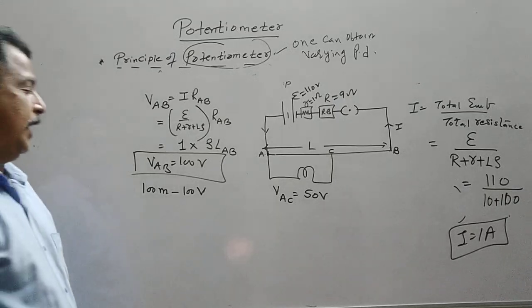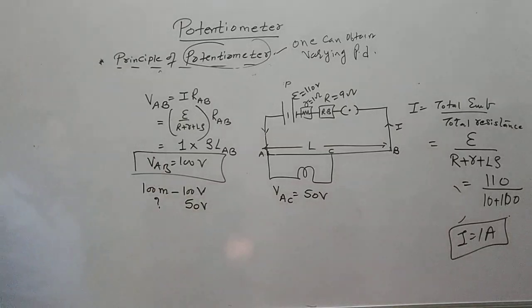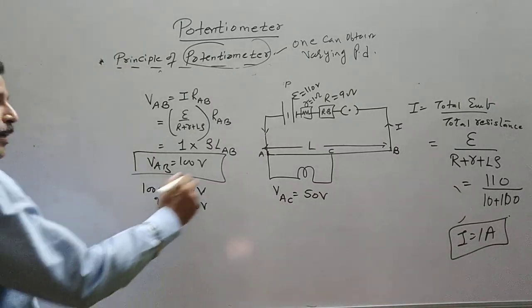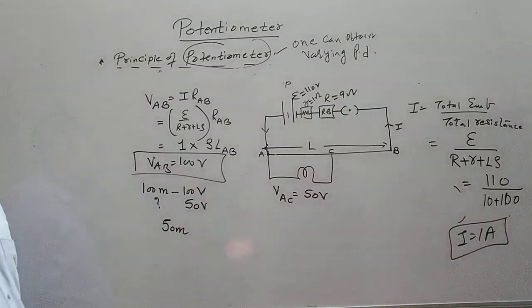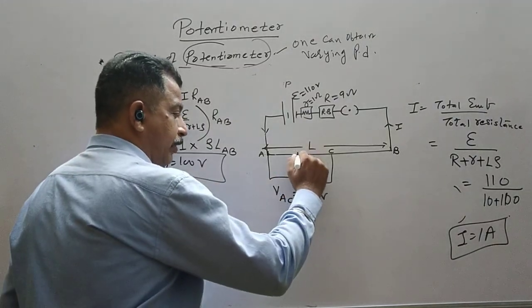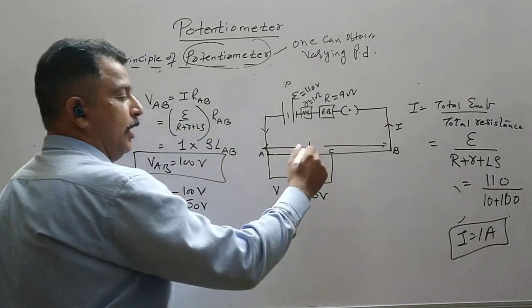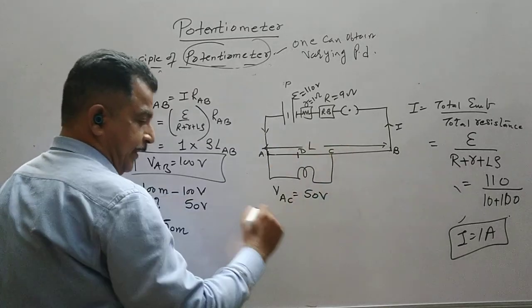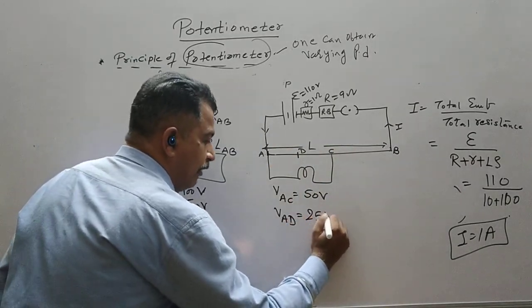So if I need 50 volt, what should be the length of this wire? So it should be 50 meter. Suppose I connect a bulb at AD, which is again half of this AC. So V of AD will be equal to 25 volt.